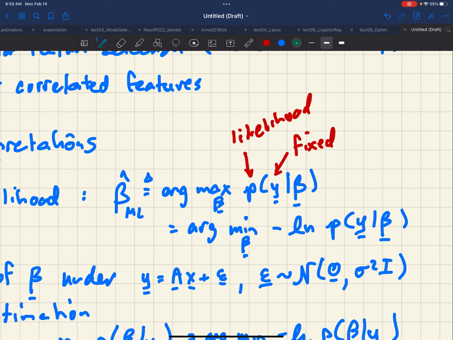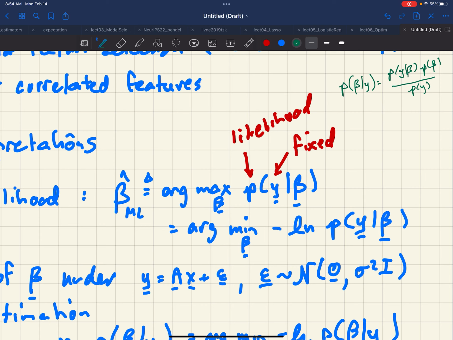So what we have is we can use Bayes' rule to say probability of beta given y is probability of y given beta times probability of beta over probability of y.